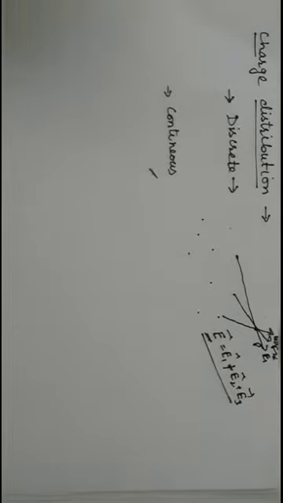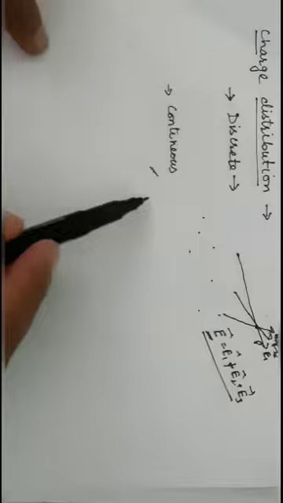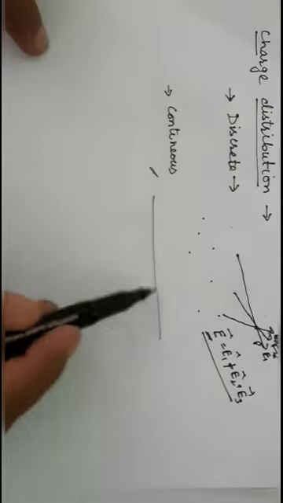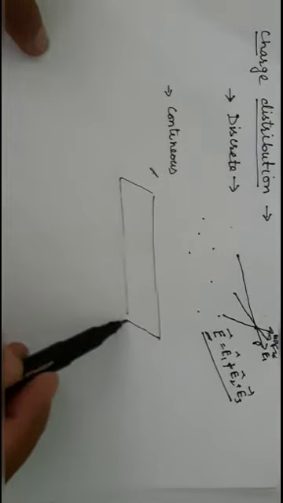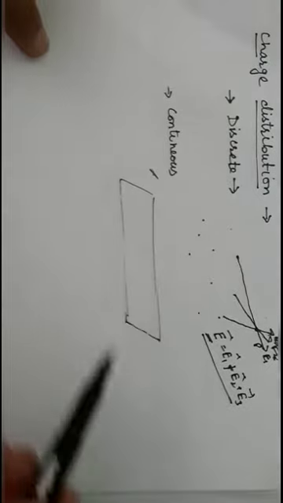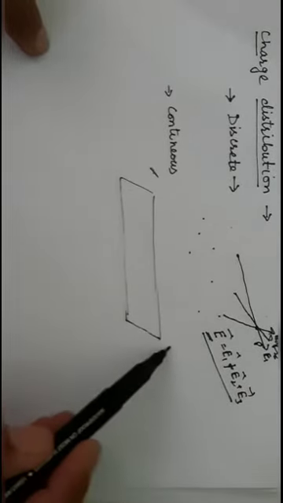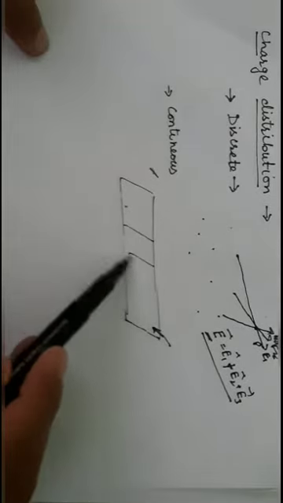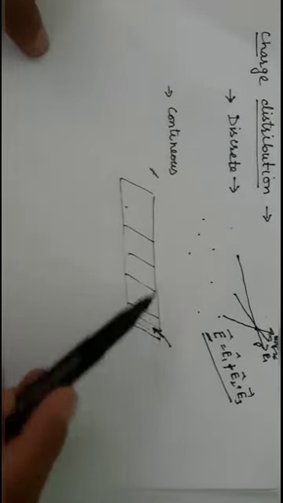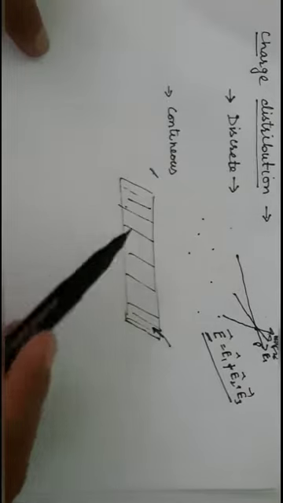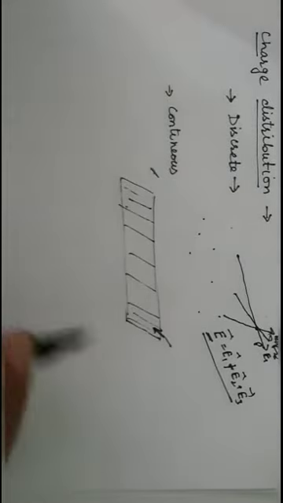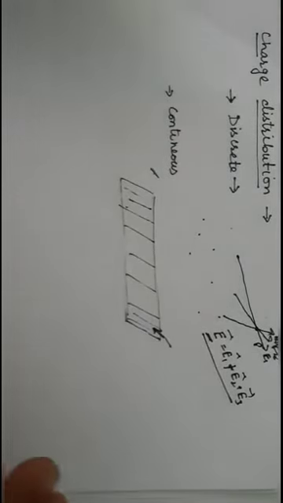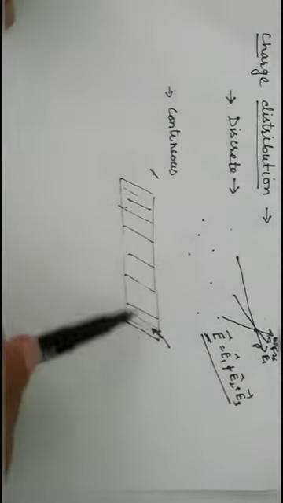But in the case of continuous charge distribution, the charge is distributed over the full region. Suppose this is your space, a sheet of paper or a conducting sheet, and when charge is given to it, that charge is distributed uniformly over the whole region.